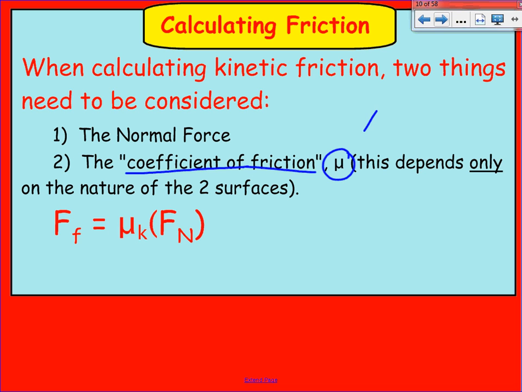And just so you know, the lower the mu value is, the smoother the two surfaces are. Once you know the mu and the force normal, you can then calculate your force friction. Notice here that the mu has a sub k. That just means that this is the coefficient of friction, particularly relating to kinetic friction.